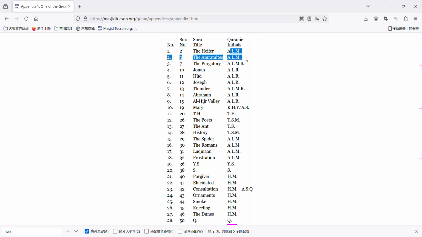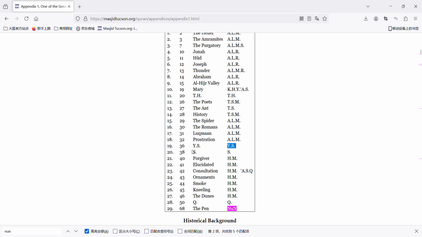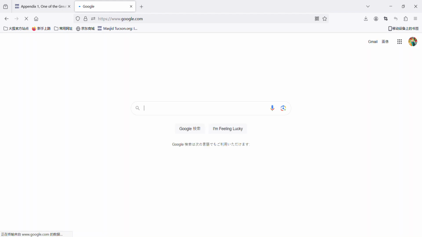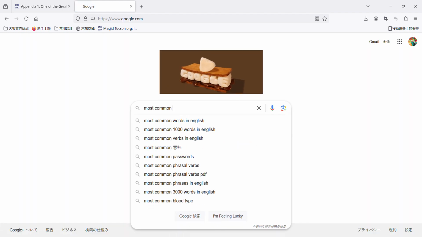So Alif Lam Mim, Alif Lam Ra, and I think Yasin is also unique to this, and Sad, Hamim. So Hamim is maybe the most common initial. We can check this. Most common Quranic initial.